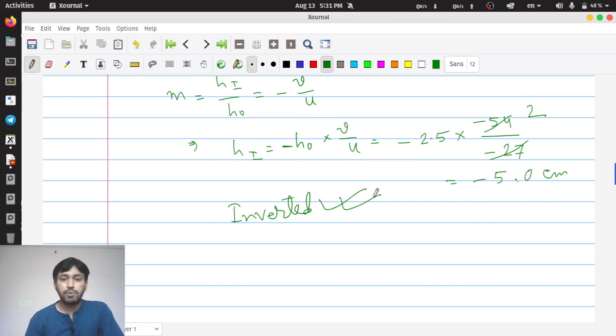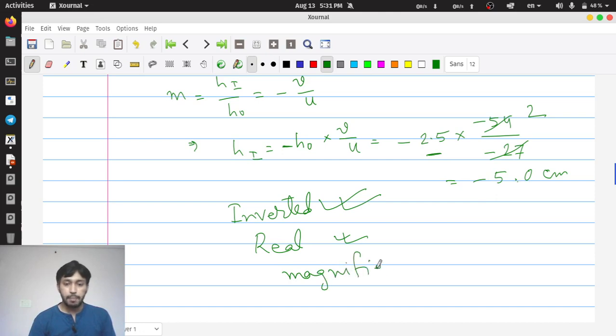And you know an inverted image is definitely a real image. Now see, the height of the image is 5 centimeter, and the height of the object is 2.5 centimeter. So the image will be larger in height, so it is magnified. So these three are the properties of the image formed by this spherical mirror.